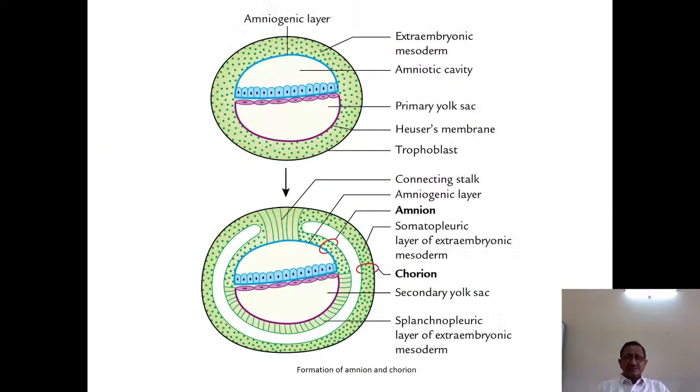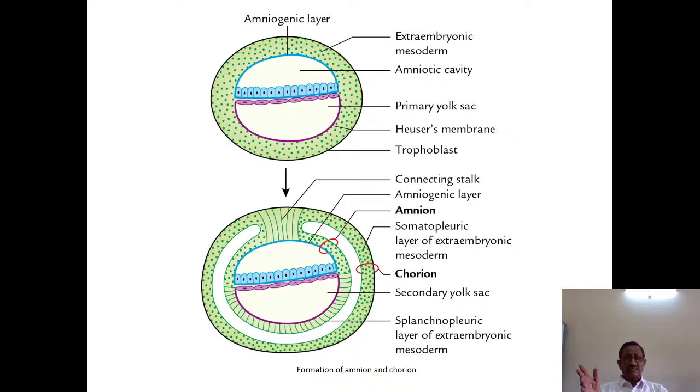Here, if you remember properly, in the second and third week of development, the embryo is traveling from the ampulla region to the uterine cavity. While it is traveling, from the morula stage it is collecting fluid, and inside you will see the separation of embryoblast and trophoblast.